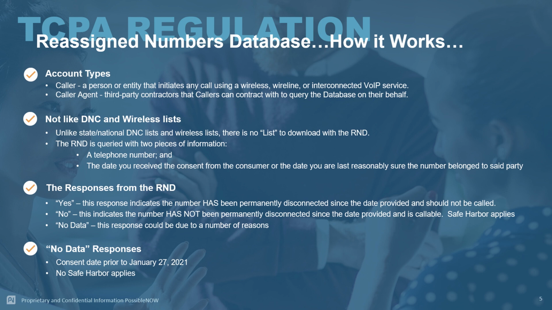No data could be due to a number of reasons, but most likely it's due to the fact that your consent date is prior to the date that these carriers began tracking these numbers. So if you give a consent date of January 1st of 2020, you're going to get a no data back because they have no way of knowing if that number has been permanently disconnected since that date.